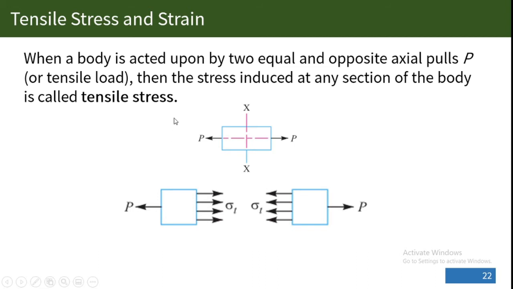We can see that the letter P acting on this body is pulling away, right? So it tends to elongate the body. When we elongate a body, it causes tension. Thus, the stress caused in the body is called tensile stress, right?